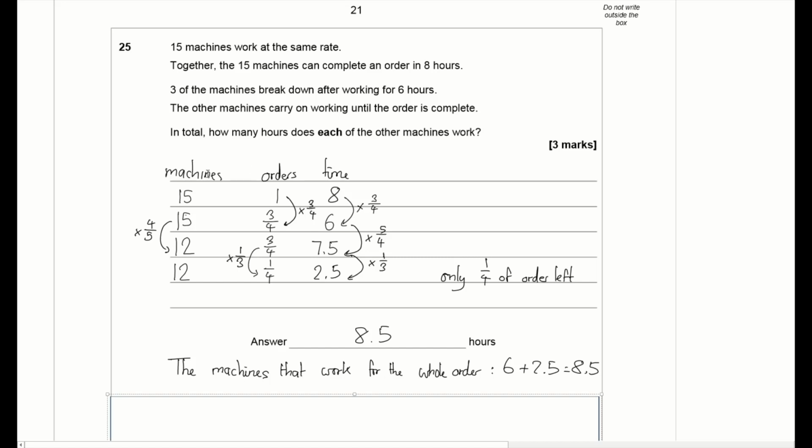Now, once you've written the heading, machines, orders and time, you want to input the known initial information. 15 machines complete an order, well, one of them, in 8 hours. So 15, 1 and 8. And the rest of it is about following the proportions and, of course, the order that the question is presented in. So if we just think about what's going on here, all the 15 machines are going to be working for 6 hours.